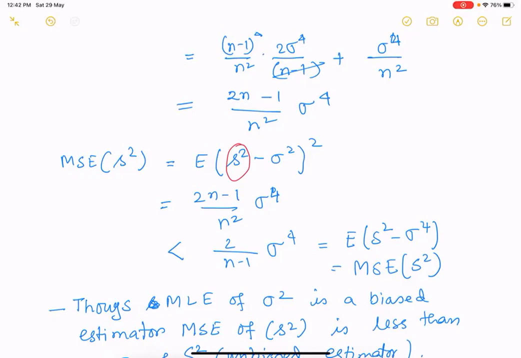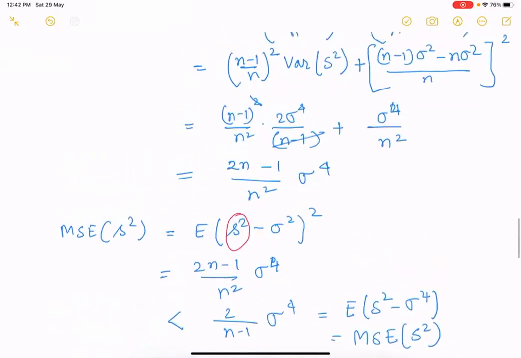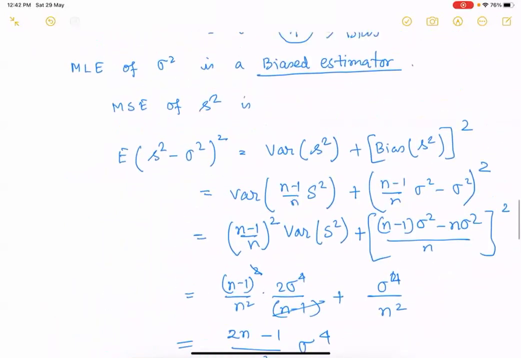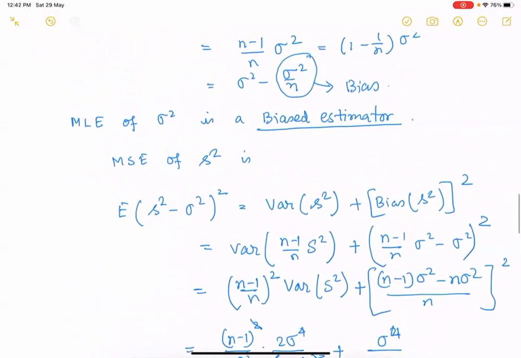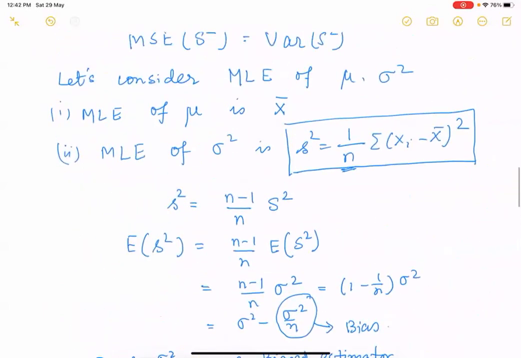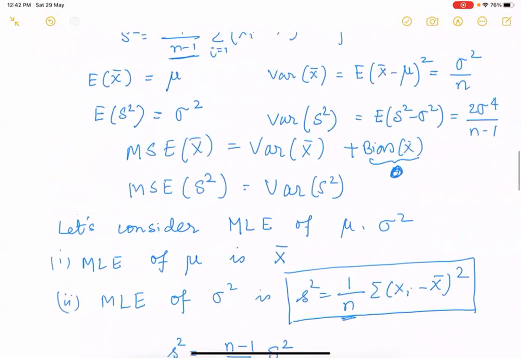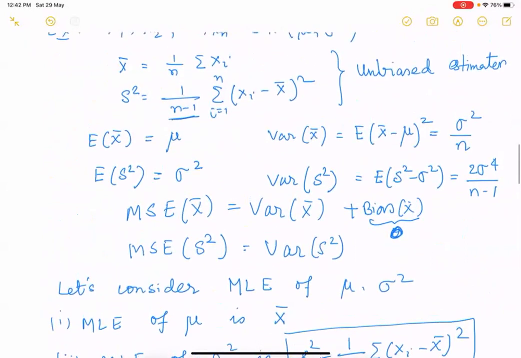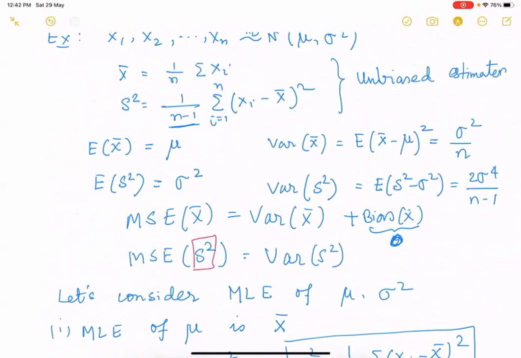In fact, the overall mean square error is less than S square, which is the minimum variance unbiased estimator, MVUE. We will get into this MVUE concept very soon. This S square has a special property called minimum variance unbiased estimator.